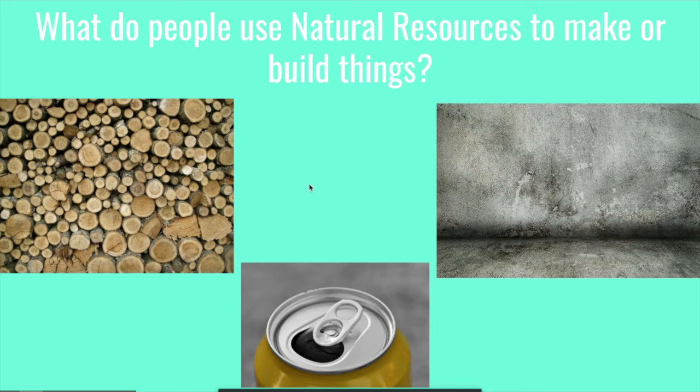Some natural resources that people use are wood, which can make pencils, different furniture, paper, and lots of things, or concrete, which can make the buildings we live in, and even aluminum. Aluminum is a metal natural resource, and it is used to make soda cans and even airplane parts. These are all different types of natural resources that are all around us.